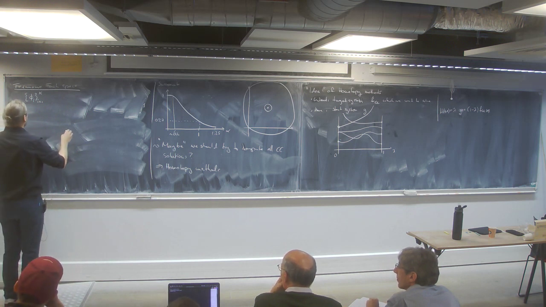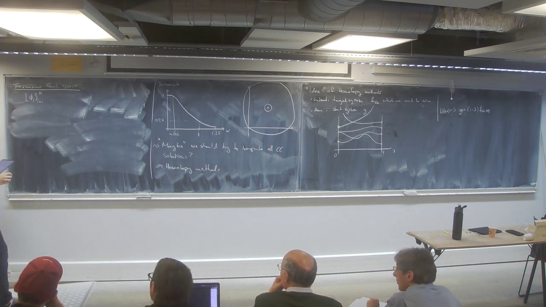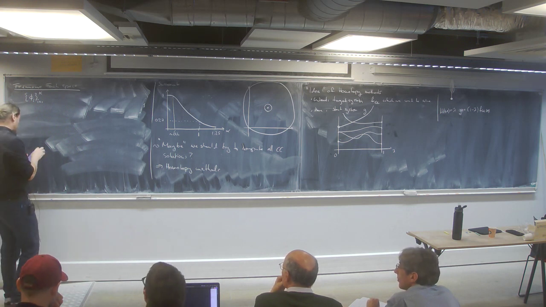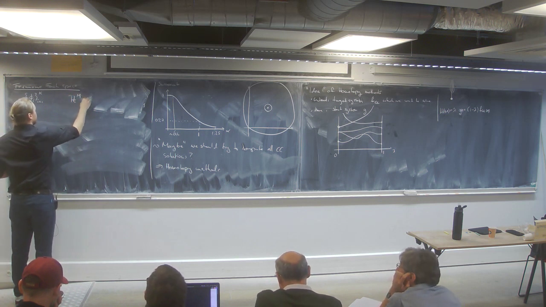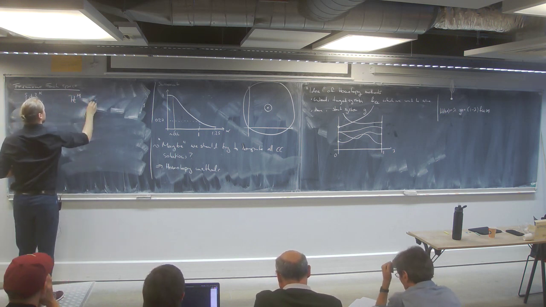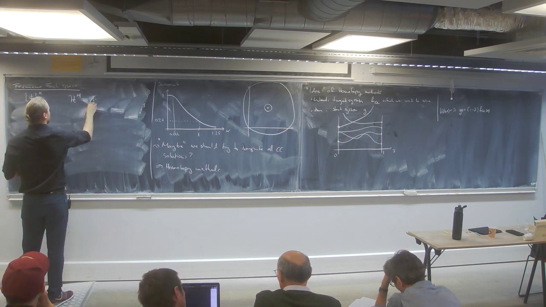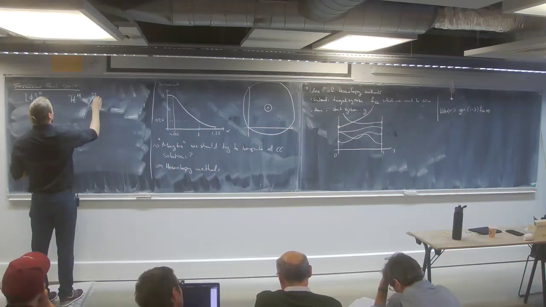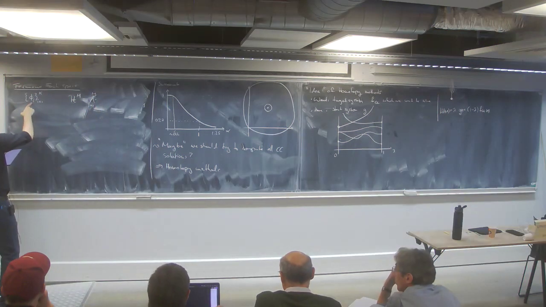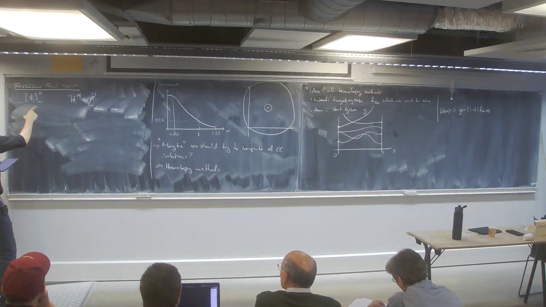And then I form the m-particle Hilbert spaces. The m-particle Hilbert space, H_m, consists of m-fold exterior products of these functions phi_i.